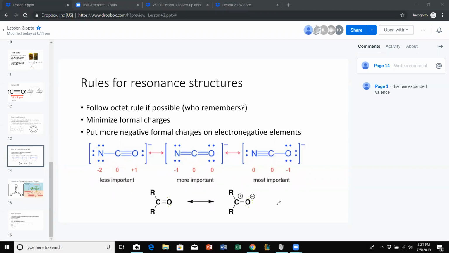Great, so the one on the left is more important because we've minimized the formal charges. See, here we have a plus formal charge and a minus charge. So we minimize that. And also this one violates the octet rule.